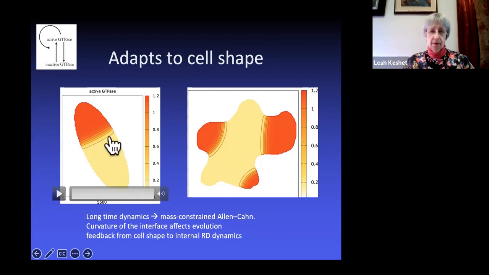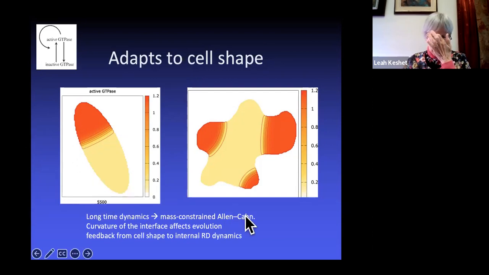And it turns out, by the way, that this has a link to the long-time dynamics of the mass-constrained Allen-Cahn equations in a Neumann setting, Neumann boundaries, where the curvature of the interface affects the evolution of the pattern.